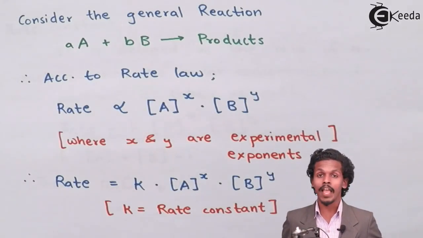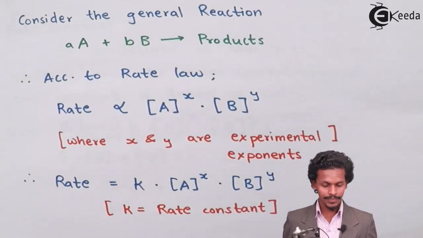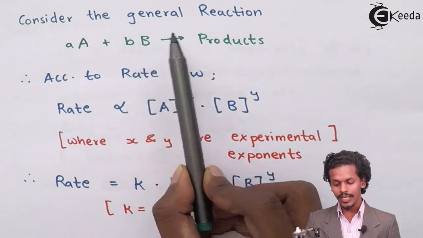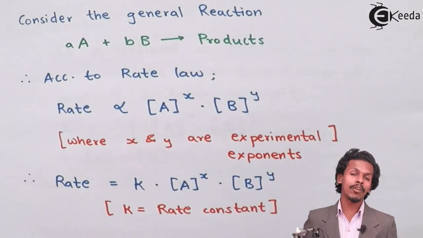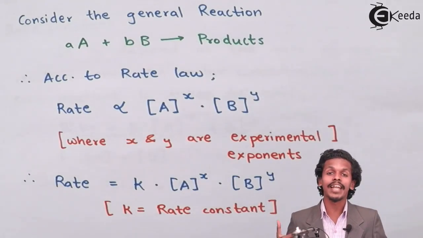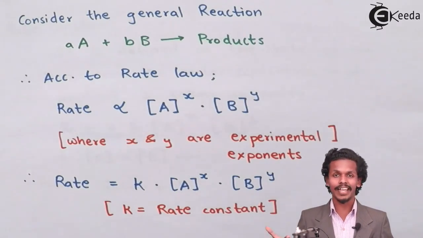On the given screen, I have mentioned a general reaction in which a moles of A will react with b moles of B to give product. As I mentioned earlier, according to rate law, the rate of the reaction will directly depend on the concentration of reactants.